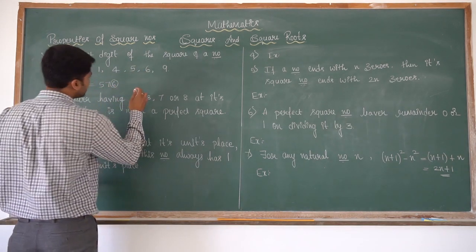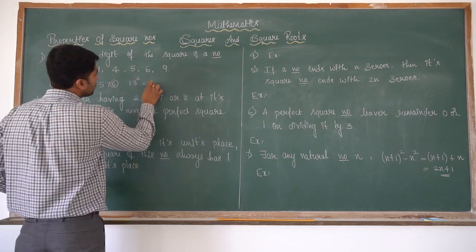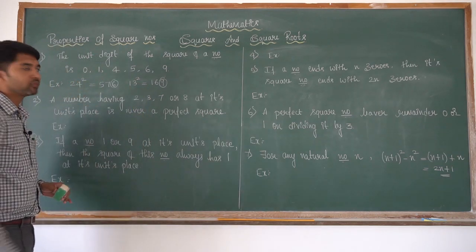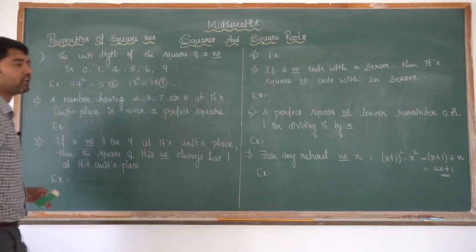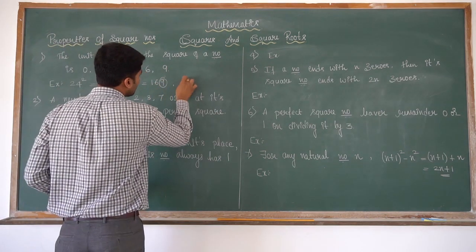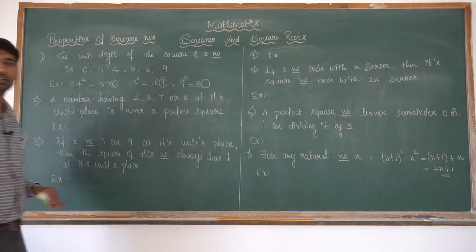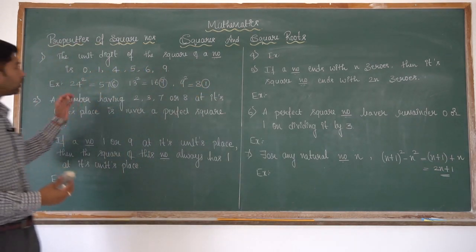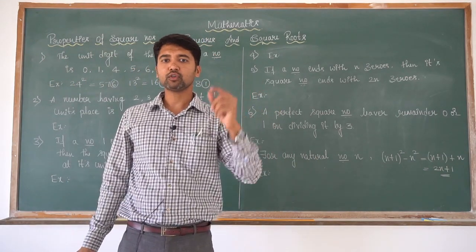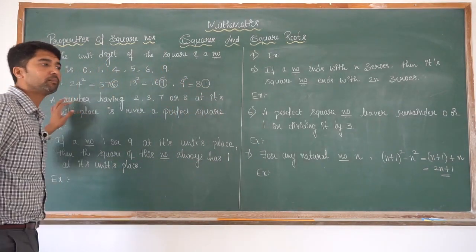If I take 13 square, it is 169. 9 is in the unit digit. Again, if I take 9 square, it is 81. 1 is in the unit digit. So like this, whatever square numbers you take, you will find only these digits in the units place.